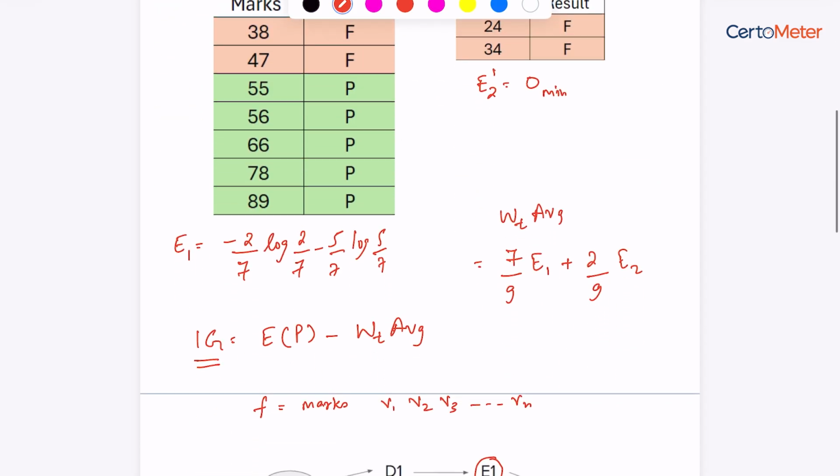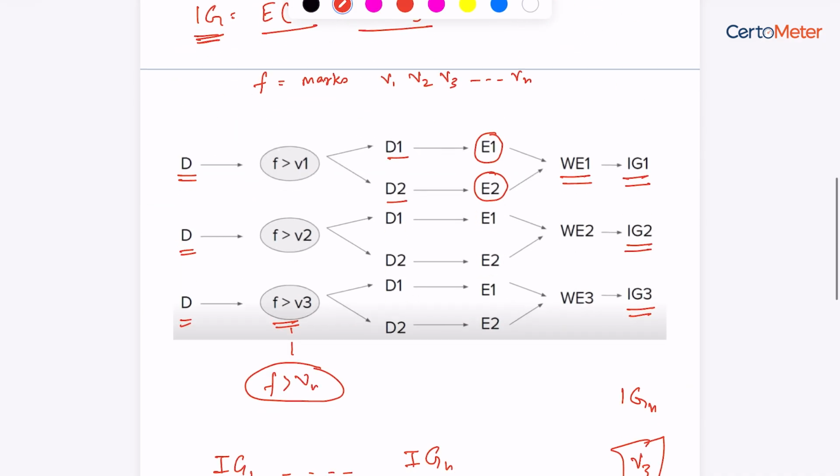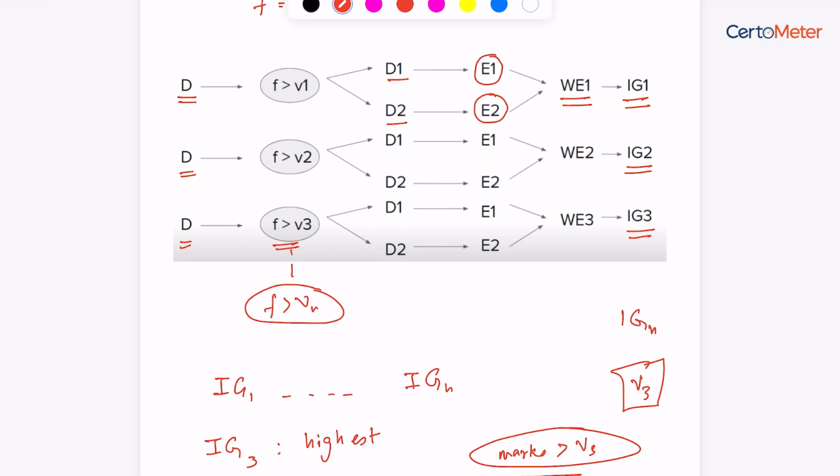I will calculate the entropy for both the data sets, E1 and E2, and calculate their weighted average also. Once I have the weighted average, I can calculate the information gain of the split by using my entropy before the split and the weighted entropy after the split. And whichever split gives me the highest information gain, I will select that split value as my final value. And this is how we make split decisions on numerical columns.